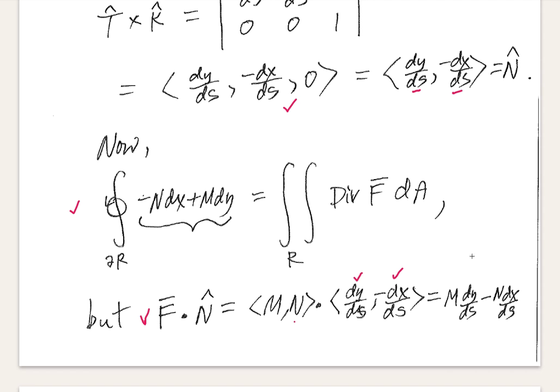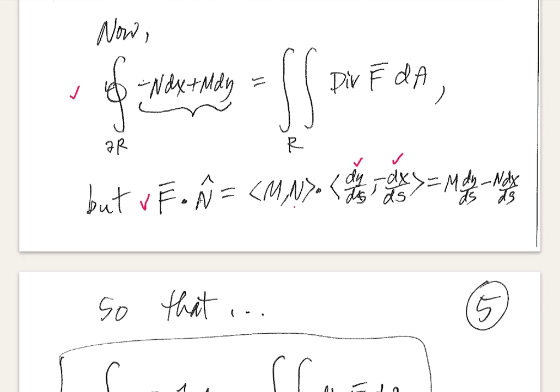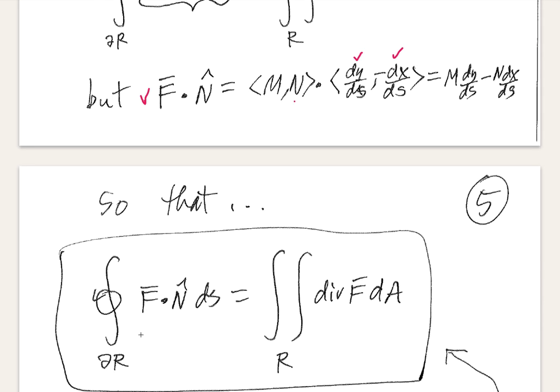So it's looking awfully familiar to what we have up here. So this thing could be written this way. So our line integral is actually F dotted with the outward pointing normal, ds.